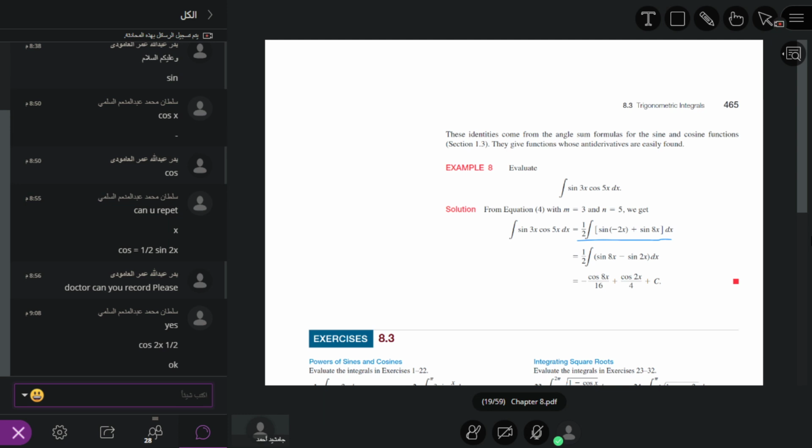It is minus cosine 2x divided by 2. Whenever the 1 by 2 is multiplied, we get minus cosine 8x divided by 16 plus cosine 2x divided by 4. You got my point?